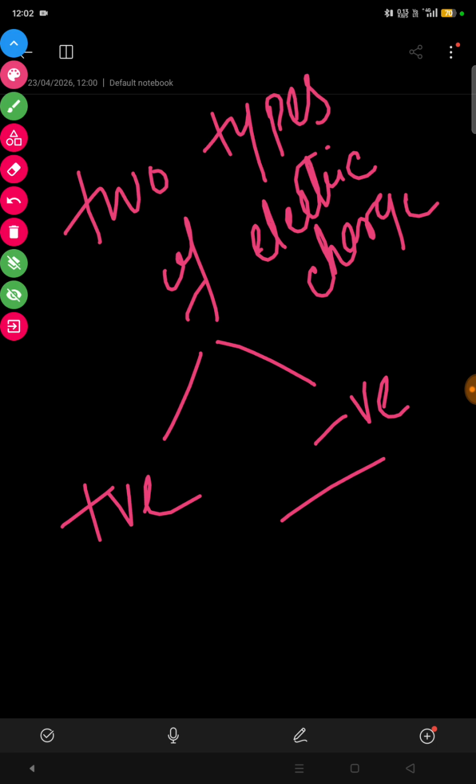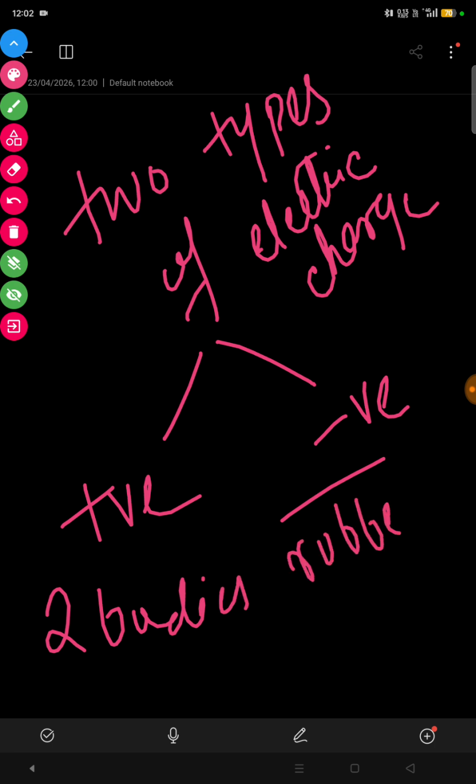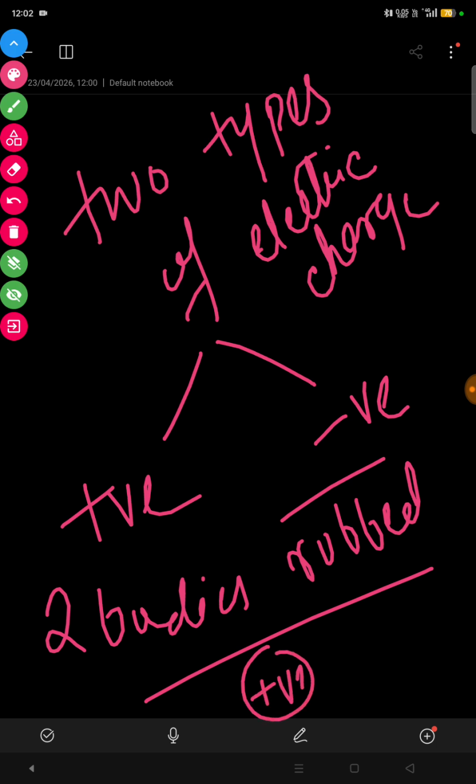How are these charges created? When two bodies are rubbed against each other, a body that loses electrons becomes positively charged, and the body which gains electrons becomes negatively charged.